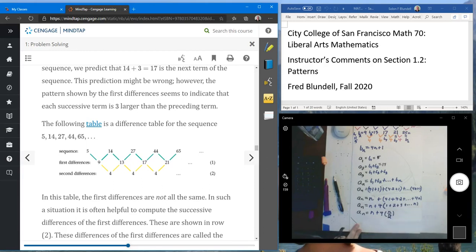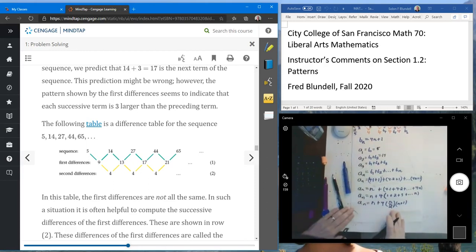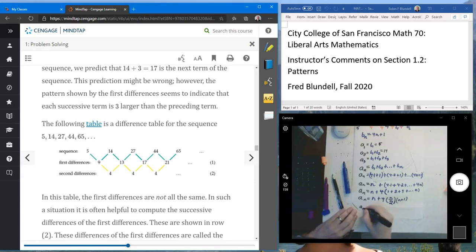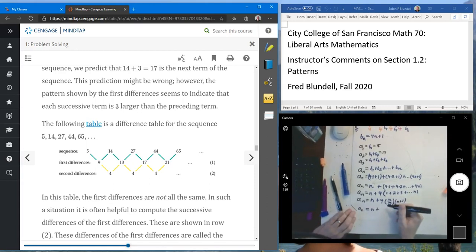Well, I can't write, but that's what I mean. n over 2 times n plus 1. Four times n divided by 2. Half of 4 n's is 2 n's. So I have 2n times n plus 1. I'll distribute. I get 2n times n.